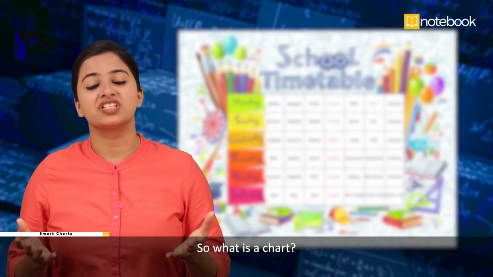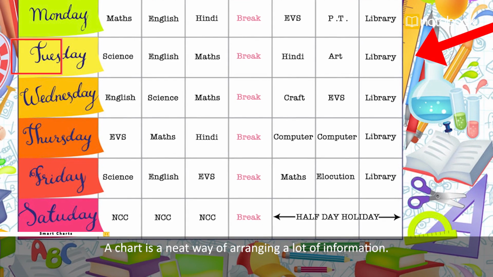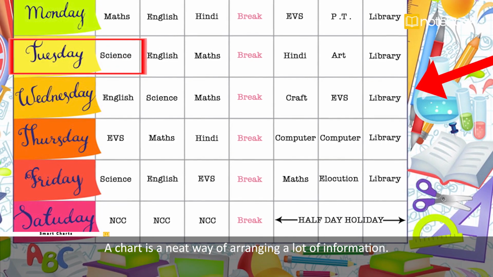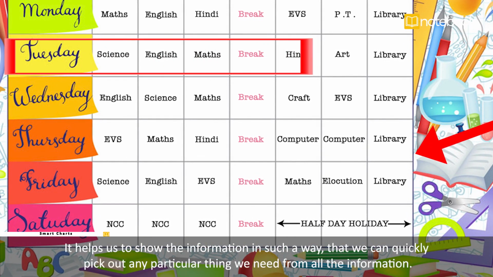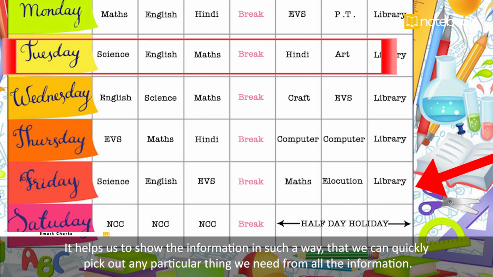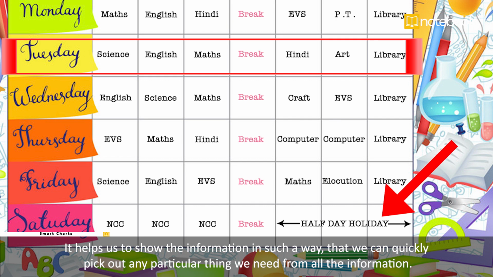So, what is a chart? A chart is a neat way of arranging a lot of information. It helps us to show the information in such a way that we can quickly pick out any particular thing we need from all the information.